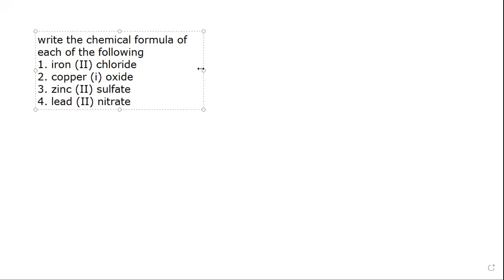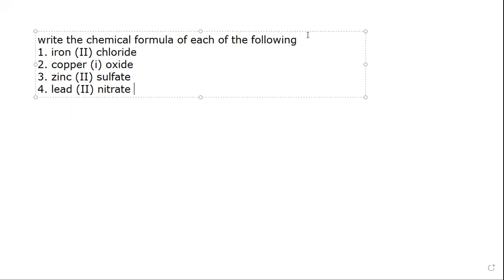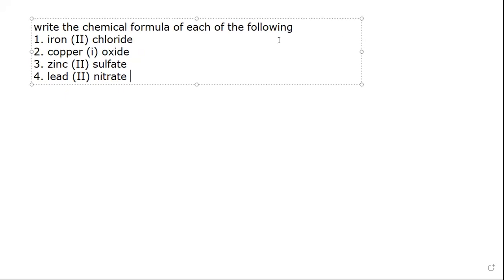So you can pause the video and see if you can write the chemical formulas of each of those compounds involving transition metals. So the following are the expected answers. This is Fe, FeCl2. This is Cu2O.